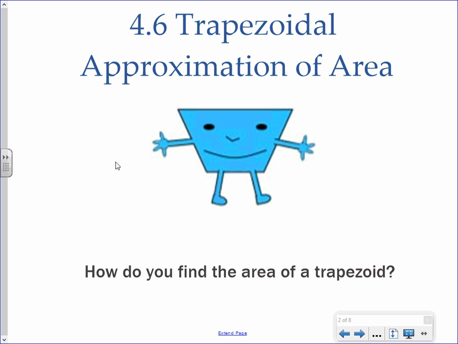All right, who thinks they have it? Joe? Thoughts? Not sure? He is right. One half base 1 plus base 2.